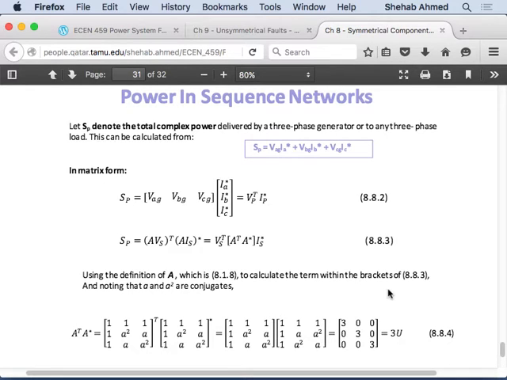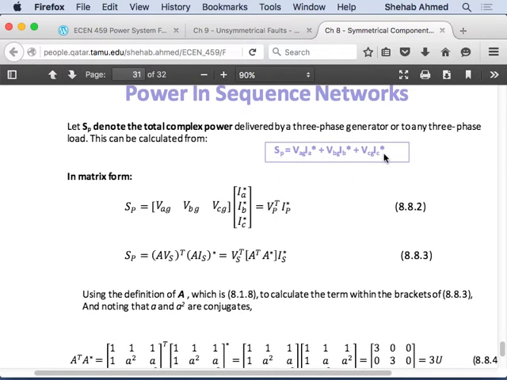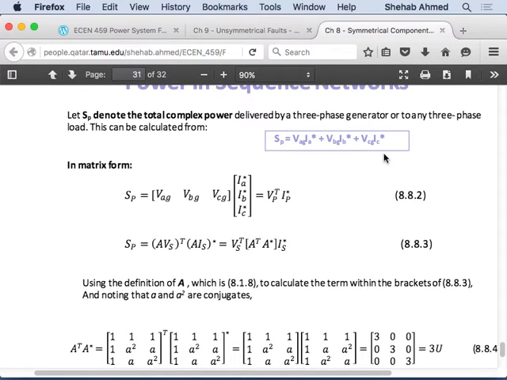So this is S phase. This is a total. So the total here is phase A plus phase B plus phase C, right? But then you will calculate phase A by itself. Phase A we will chop up into 3 sequence components.